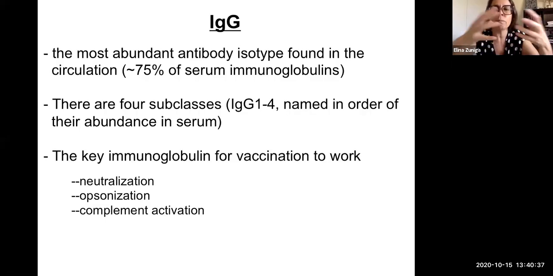So IgG1 is the most abundant in the serum, and IgG4 is less concentrated. These IgGs are key immunoglobulins for vaccination because they are good at neutralization, opsonization, and complement activation, with some variations among the subclasses that we will not go into in detail.